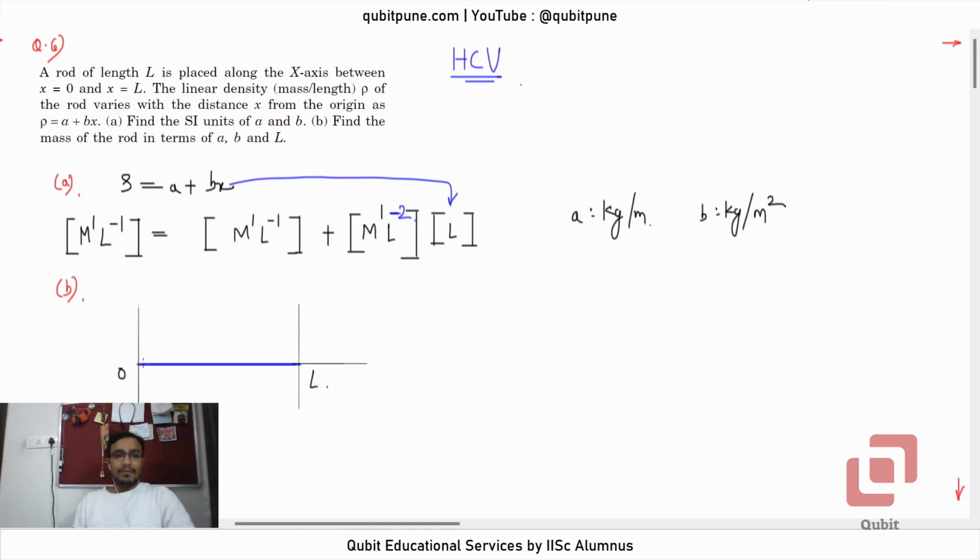Now the problem is, we cannot just multiply the density of this particular rod by the length to get its mass, because the density varies with distance, right? So we have to integrate. Please understand the reason of integration being used. Why are we using integration? Because density is not uniform, it is not constant, it changes with location.